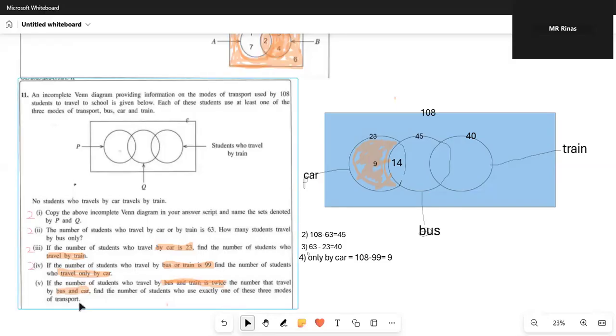So you have to find exactly one of three. That means this middle part and this middle part.